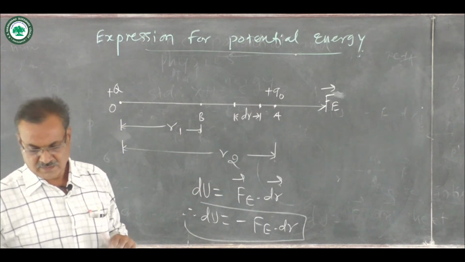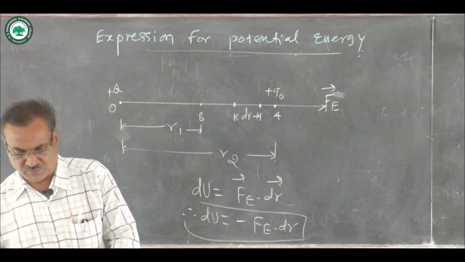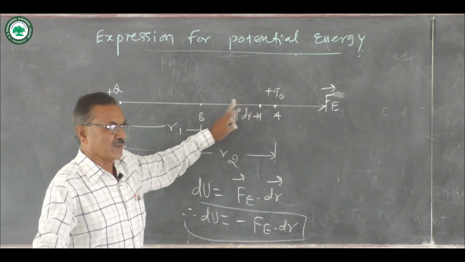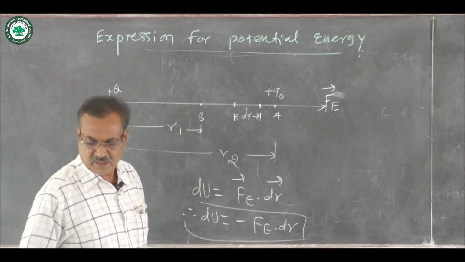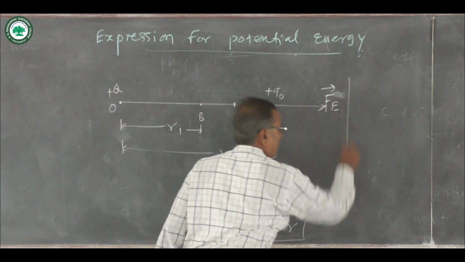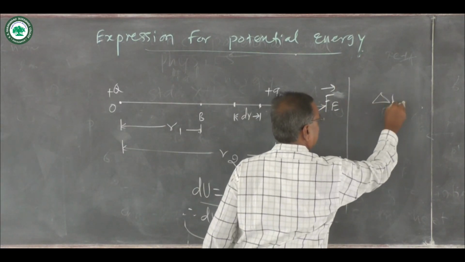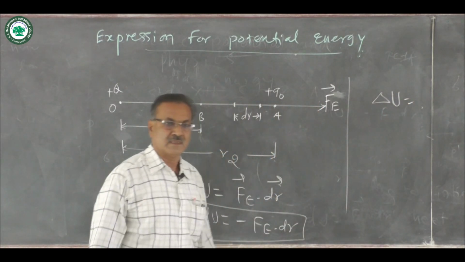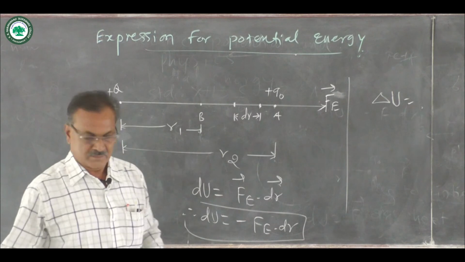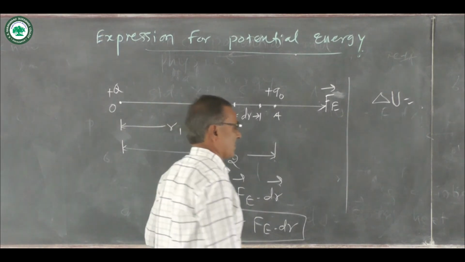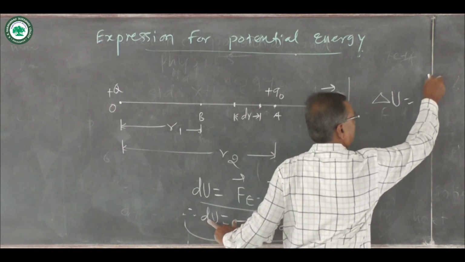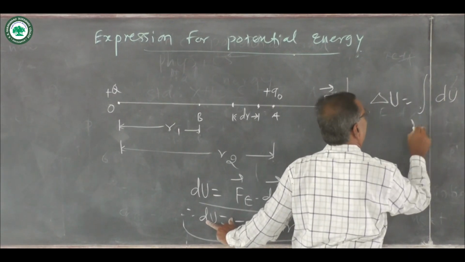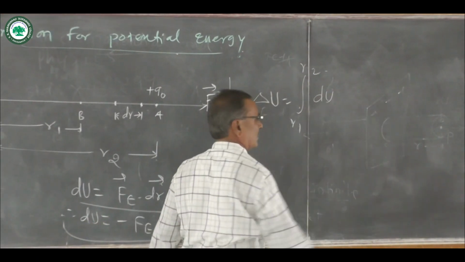So therefore, the change in potential energy when charge is displaced from A to B, delta U, change in potential energy, is given by the relation, taking the integration of this potential energy dU, limits R1 to R2.